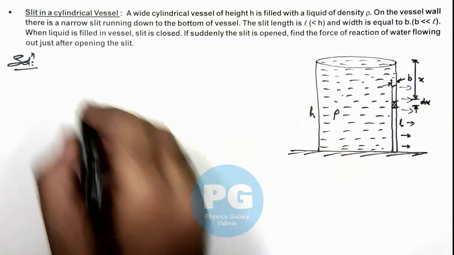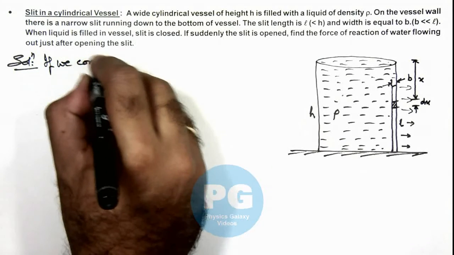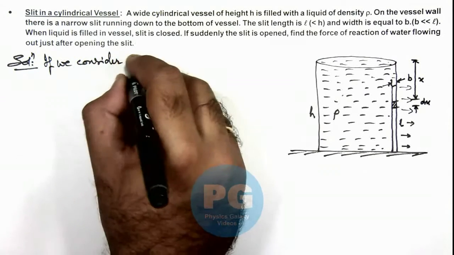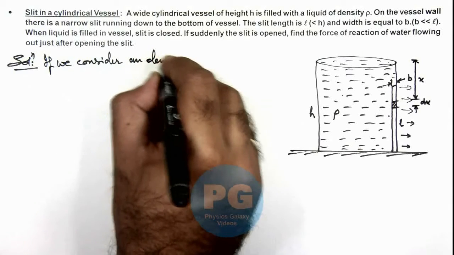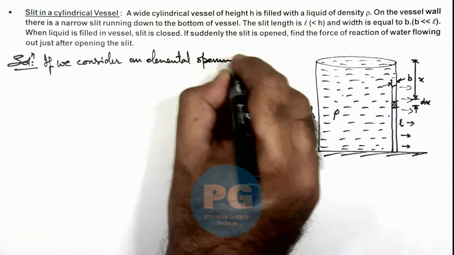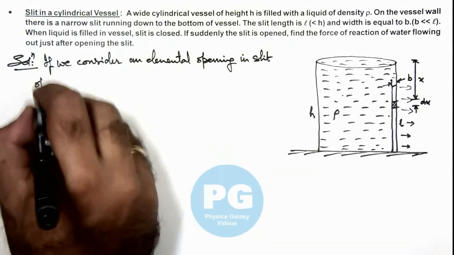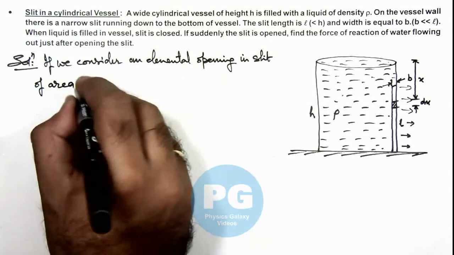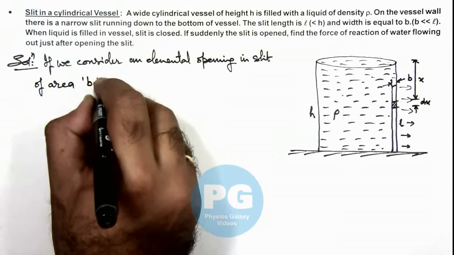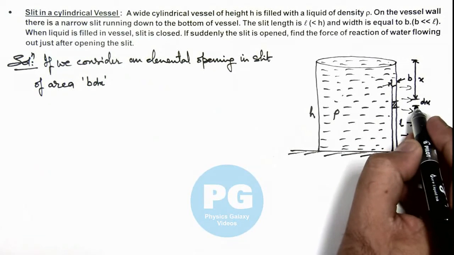So here we can say if we consider an elemental opening in the slit of area, this will be B dx because the width is B and the length we are considering as dx.